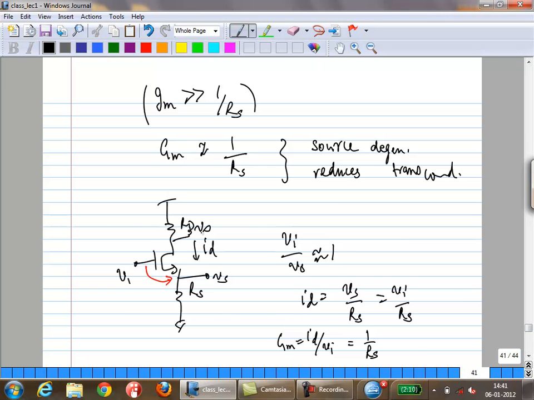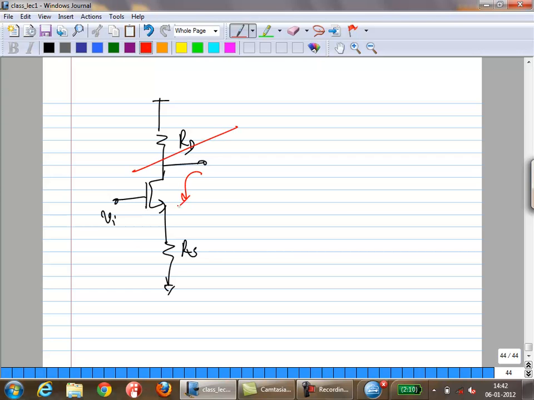This is VO. Okay, what did we find? Let's draw it again. We found the output impedance here, which is R01. Correct?